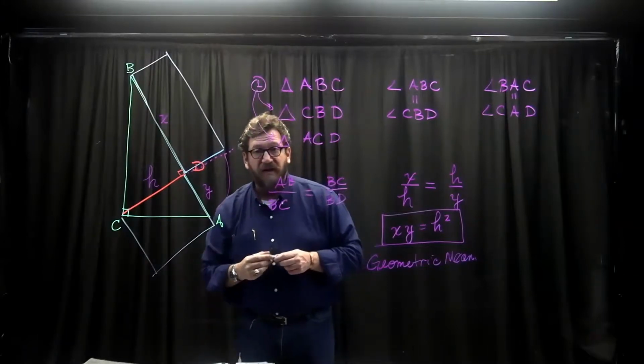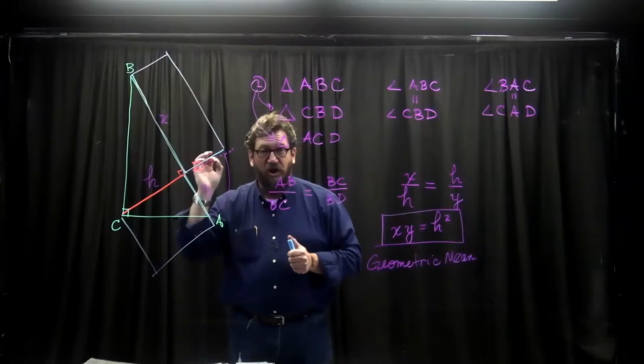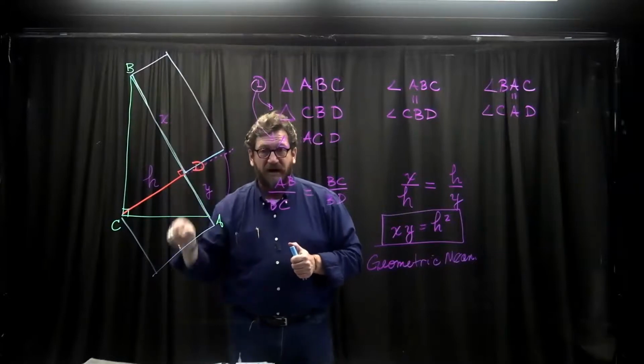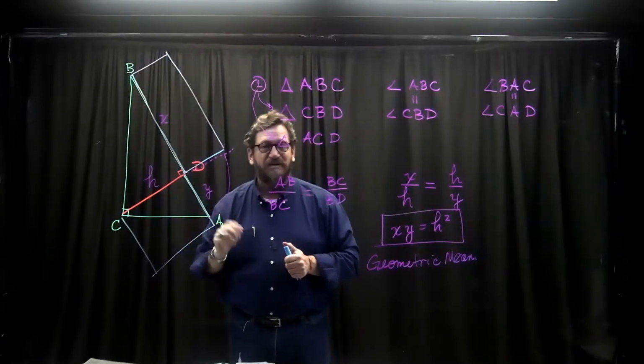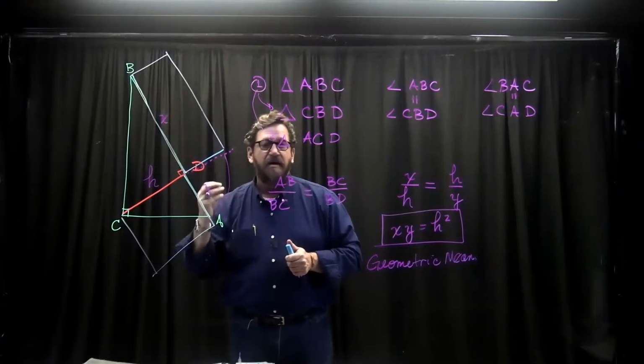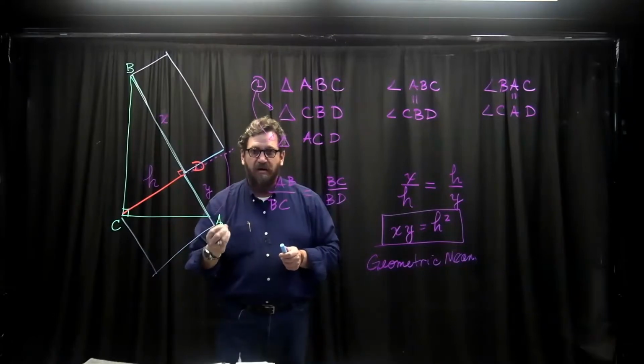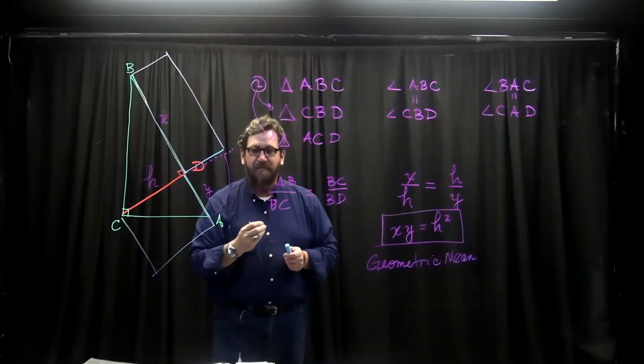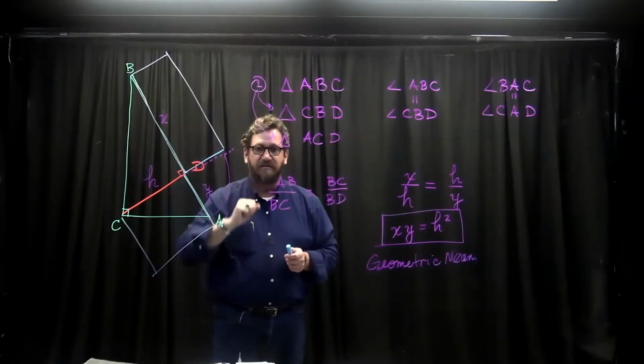And this is the method for showing how you can square any rectangle, because that's what they said they've just done. They squared a rectangle, meaning that they built a square with exactly the same area as a given rectangle.